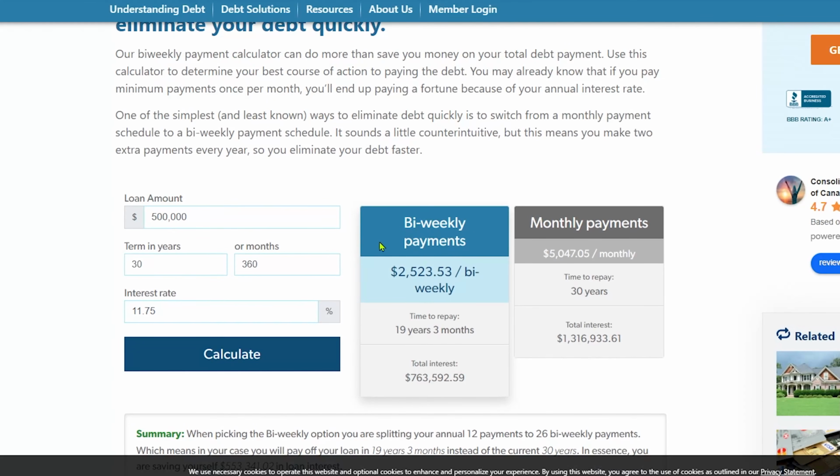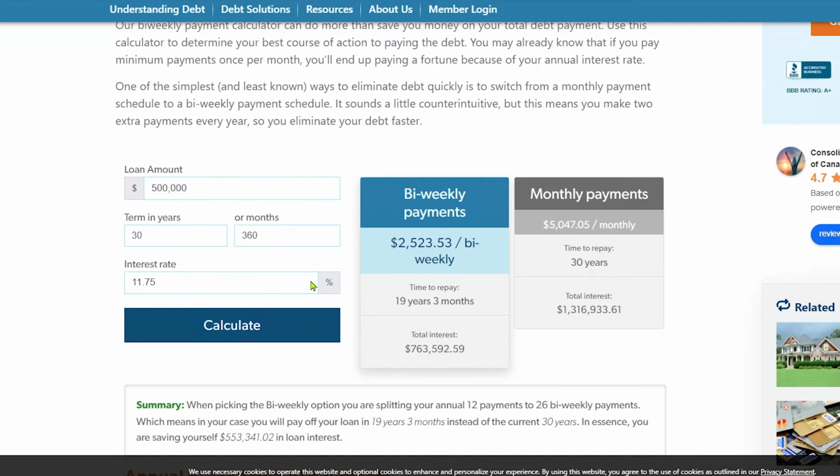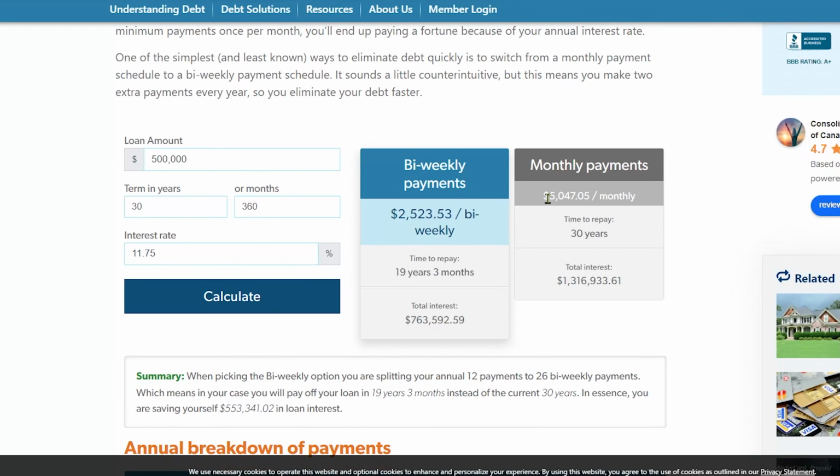But let me show you what massive impact this can make on the exact same example. Excuse this is in dollars and not in rand, but the idea is the same. If we had to make monthly payments, it would be around 5,000 Rand, and the total interest again will be around 1.3 million Rand.